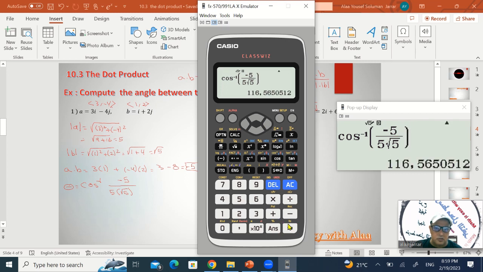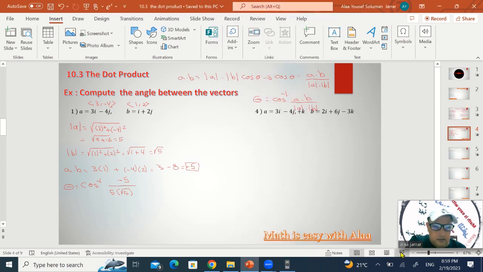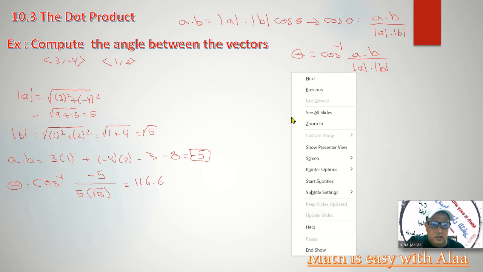And this is equal to around 116.6. It equals 116.6.